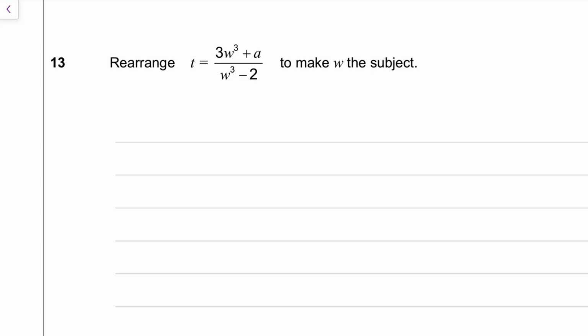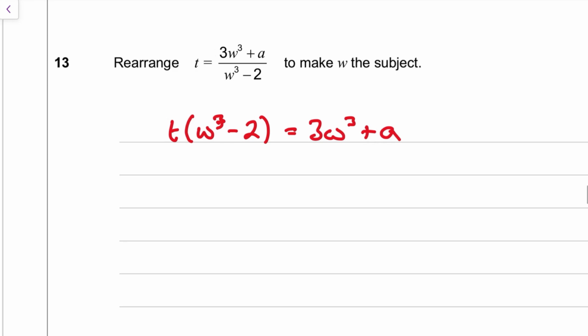Got rearranging. Now, if you've seen any of my daily videos, there's definitely a bit of a technique that happens here, isn't there? So I'm just going to do it straight off. So multiply by the denominator, which is going to give me t w squared minus 2 is equal to 3w cubed plus a. And I said squared, but I did mean cubed. Then I'm going to collect my cubes.